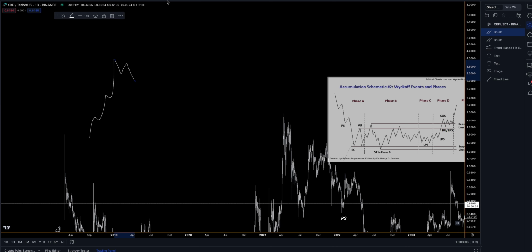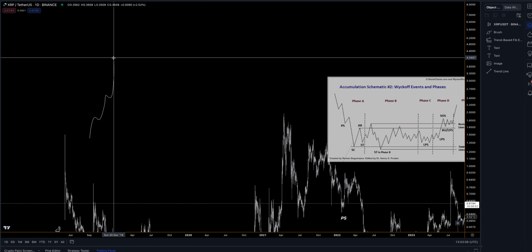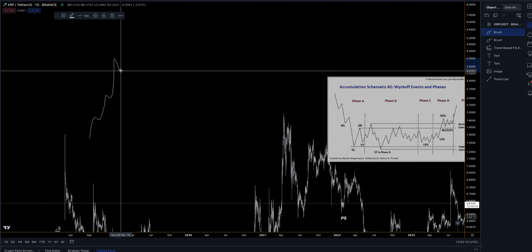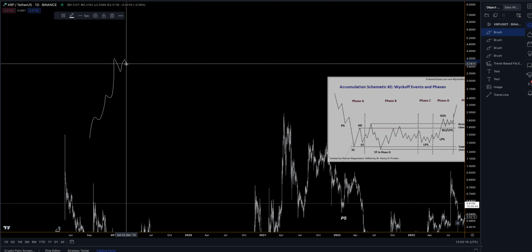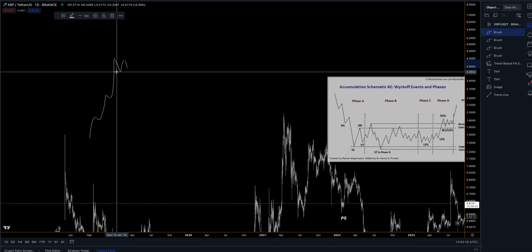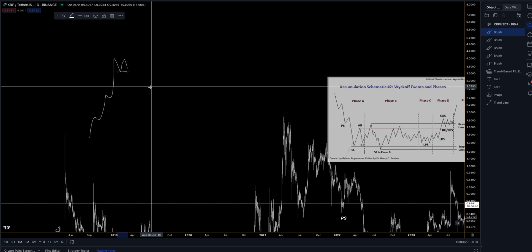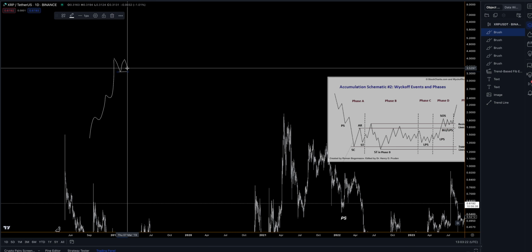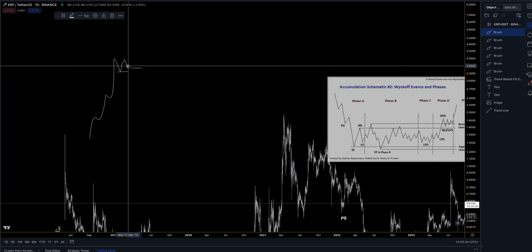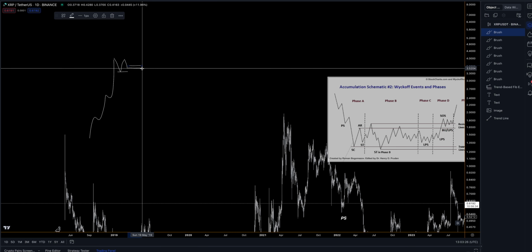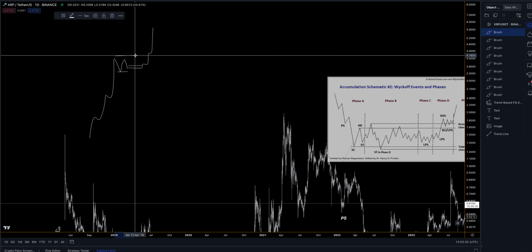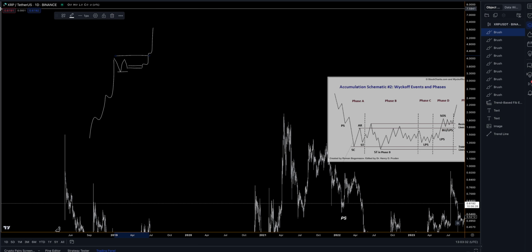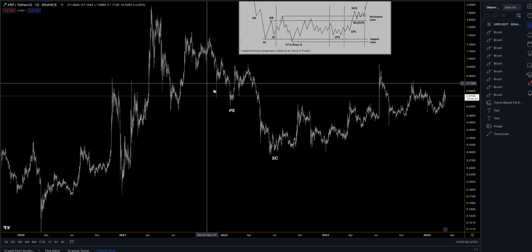That would be a regular ABC correction, but in this case, we have an A wave, a B wave rejecting at the 78.6% fib, and then a 5-wave move down for your C wave, failing to terminate beyond the start of your A wave. And then we have accumulation at the lows for 630 days, and then we have continuation targeting liquidity above this high. This is exactly what XRP is doing.